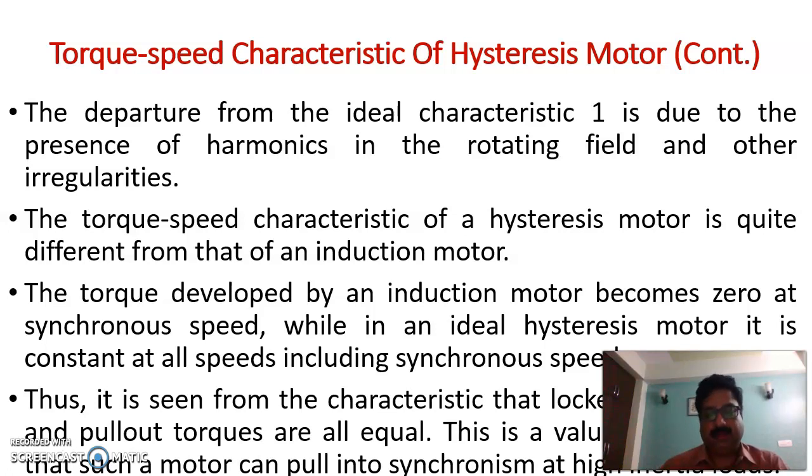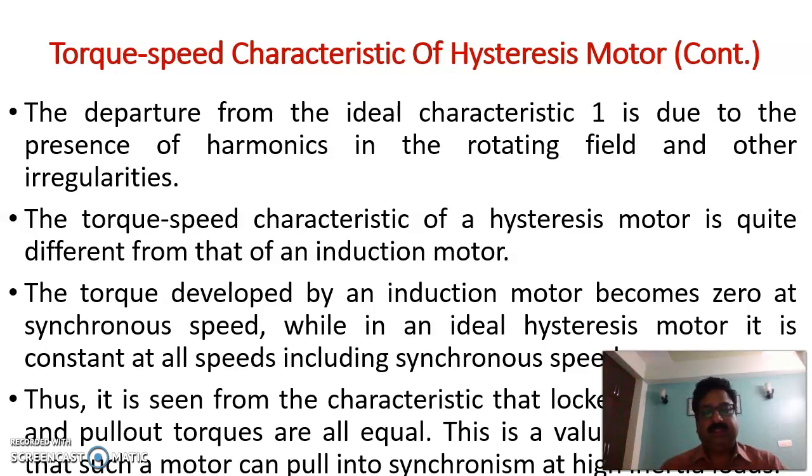In the ideal hysteresis motor, the torque is constant at all speeds, from the starting speed up to the synchronous speed, which we have seen in the previous speed torque characteristics. So ideally this is constant, but we get curve 2, which is practically possible, and curve 1 is not practically possible. There is a deviation in curve 2 with respect to curve 1 because of the harmonics and irregularities. So we generally get a practical curve 2.